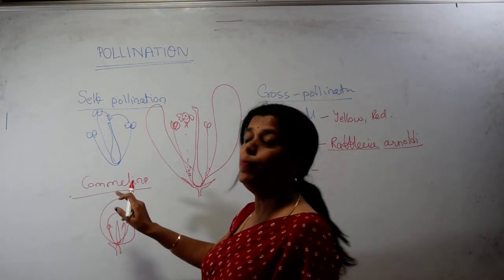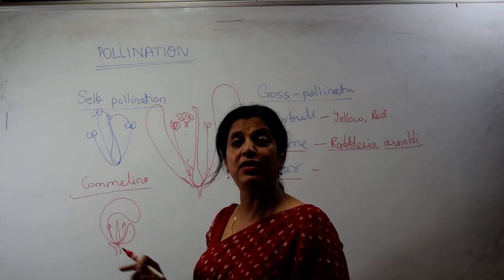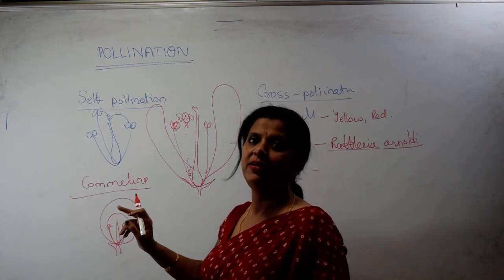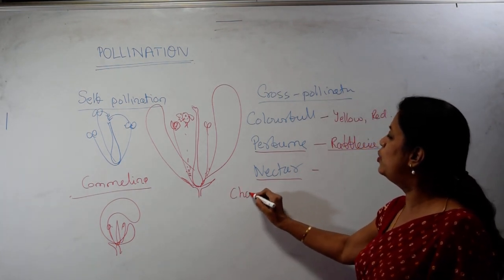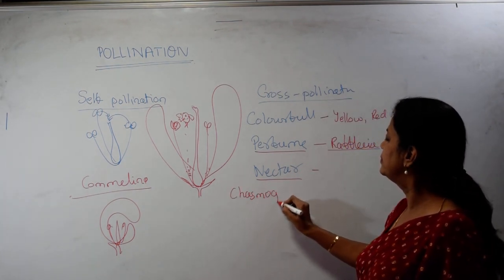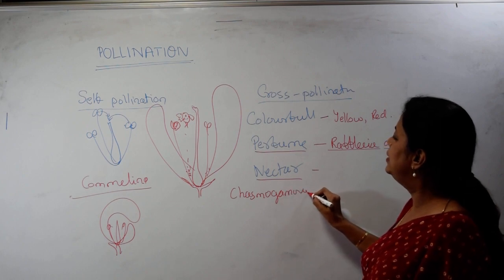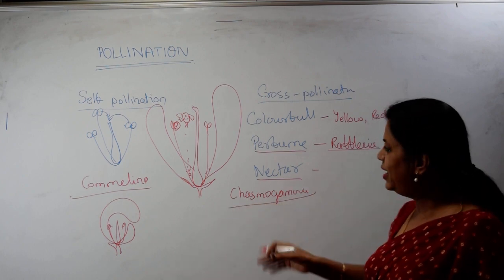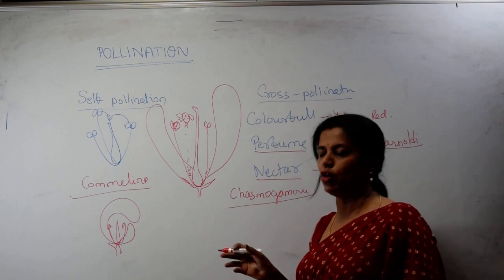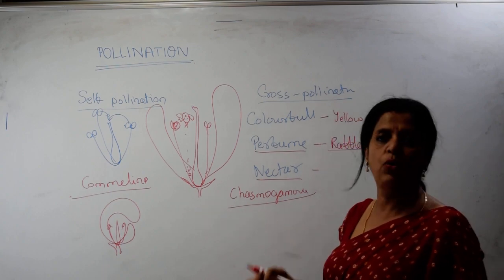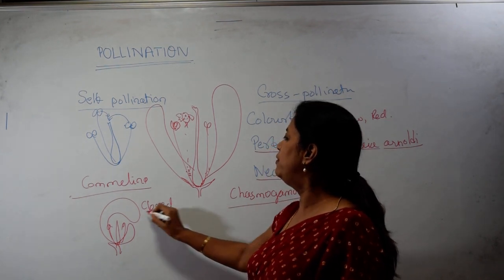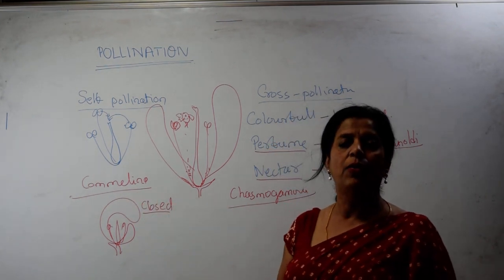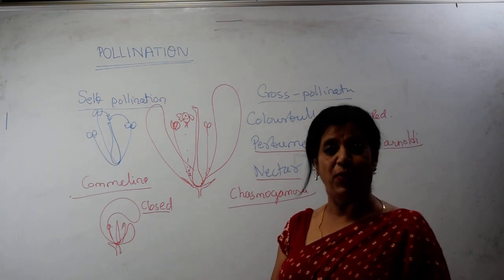Compulsory self-pollination happens in such closed flowers. But when the flowers are open, these are called chasmogamous flowers. These are the open petals. They undergo pollination by insects or air and all, right? The flowers which are closed are normally pollinated only by self-pollination.